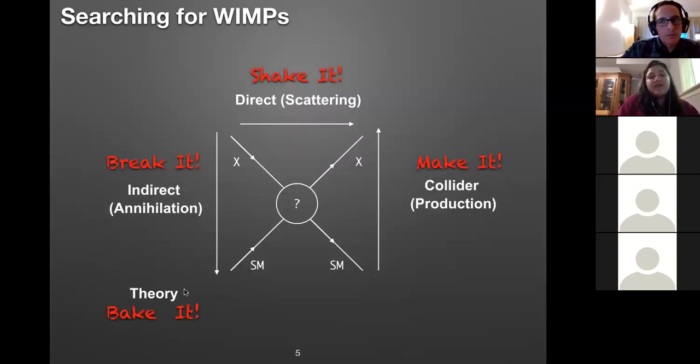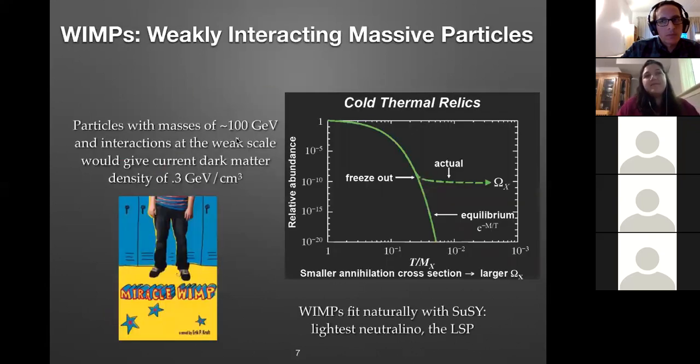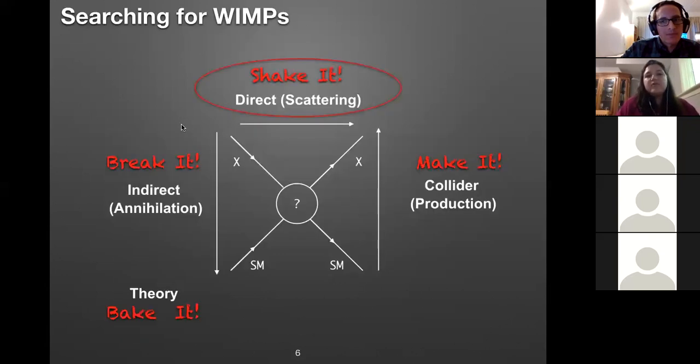Theorists, of course, are giving us a lot of different options for all of these things. What I'm going to really be focusing on today, if we read it going from left to right, is where dark matter and normal matter bump into each other, and the dark matter bounces away.